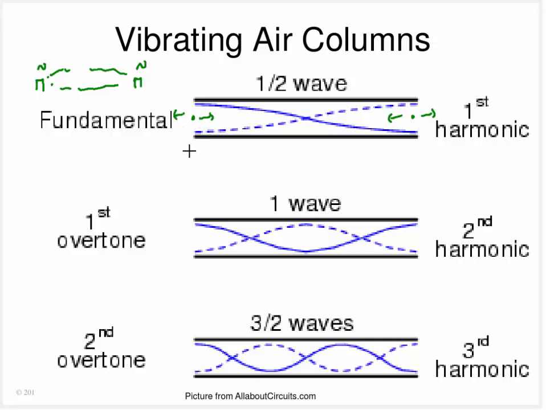We're going to force antinodes right there and right there, and just like this was equal to half of a wavelength related to the length of this guy, this is also half of a wavelength. So half of a wavelength is equal to the length of this thing.